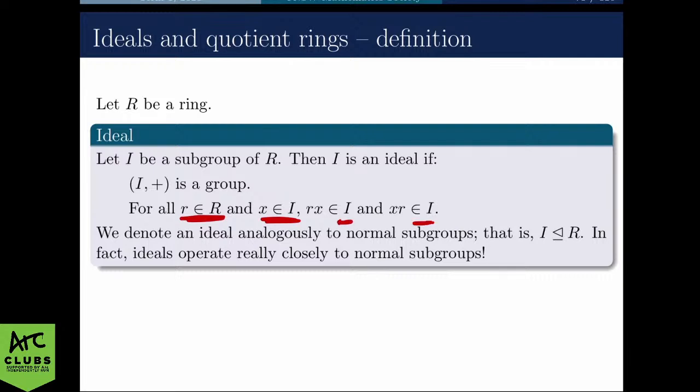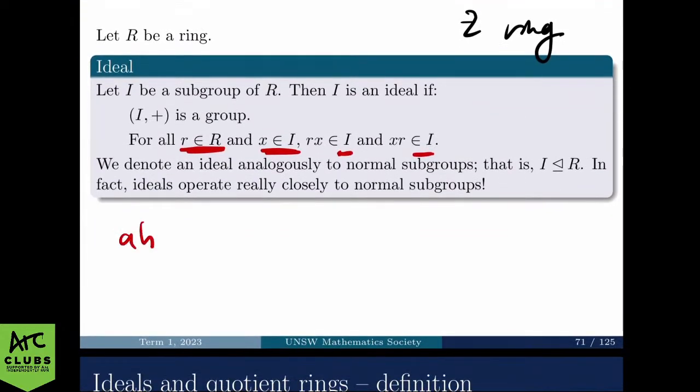A classic example of an ideal is 3Z. Z is a ring, because you can multiply integers together, you can add them together, and you can prove that they satisfy all of those properties.